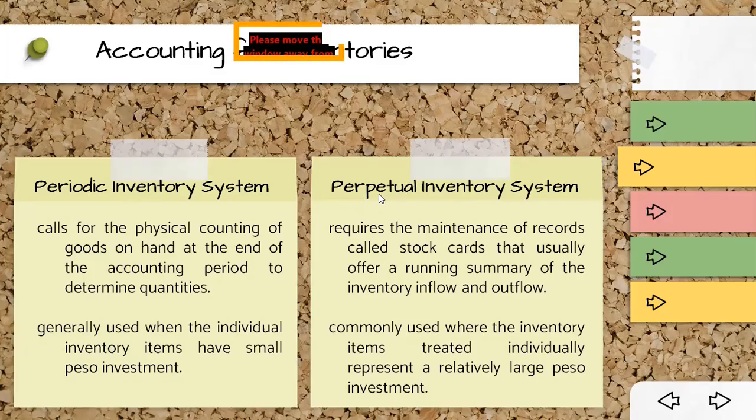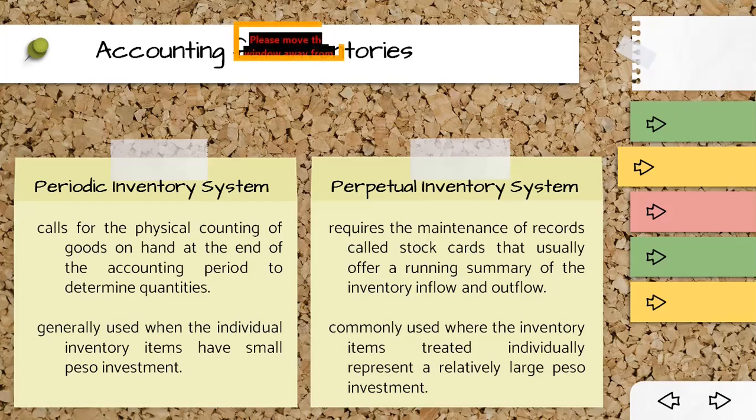Another is itong perpetual inventory system. This requires the maintenance of records. Tawag natin dyan ay stock cards that usually offer a running summary of the inventory flow, or inflow and outflow. So, dito sa perpetual inventory system, any movement, any change in the physical flow of your inventory ay nire-record natin.